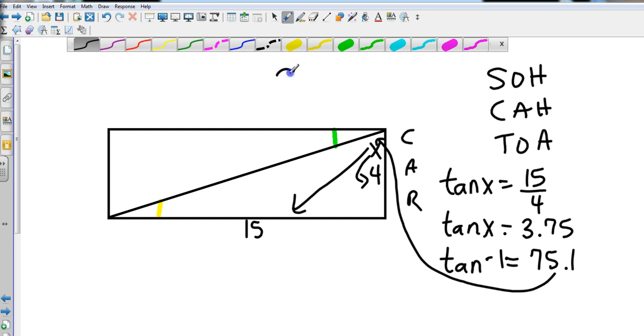And I want to subtract that from 90. Okay, and that's going to give me 14.9 degrees of angle of depression. And it says round it to the nearest degree. So that's going to be 15 degrees.